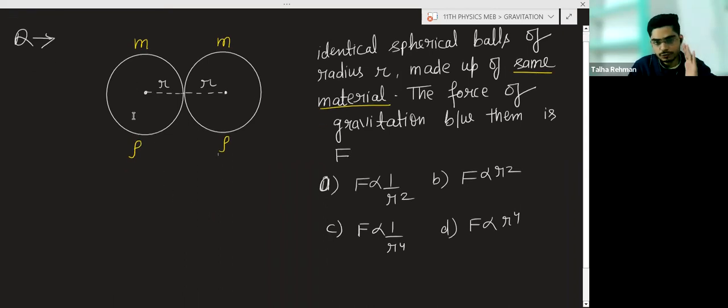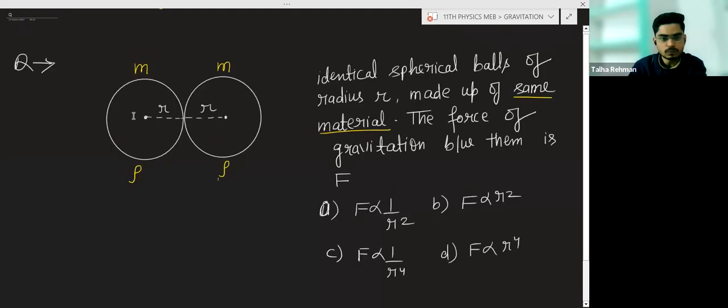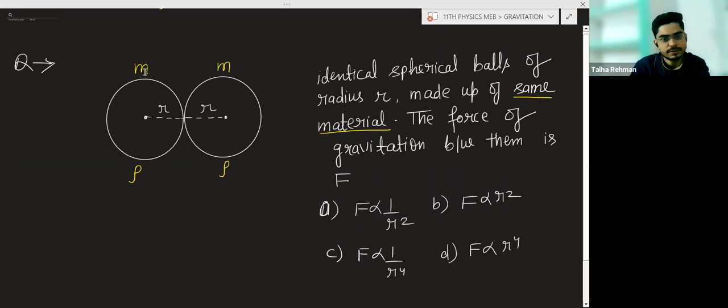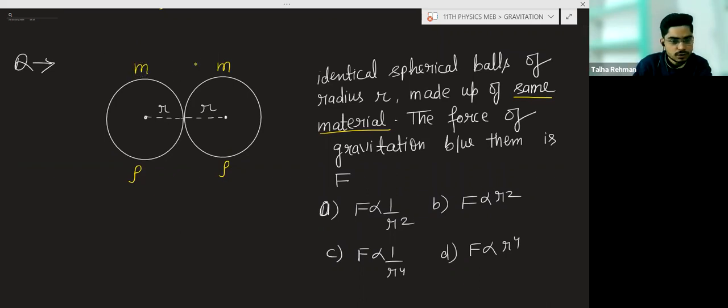Okay. Now for this we will calculate what the value of mass will be. So this will be m, this will also be m. We know that mass is equal to volume into density. Density is equal to mass upon volume.